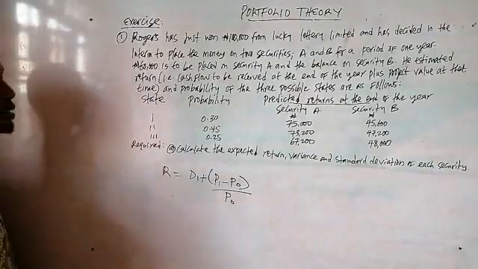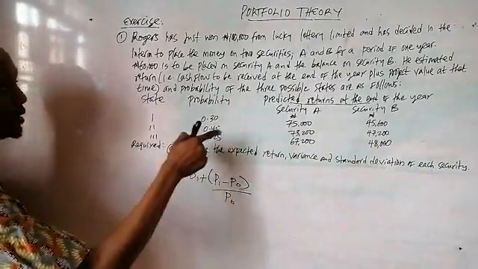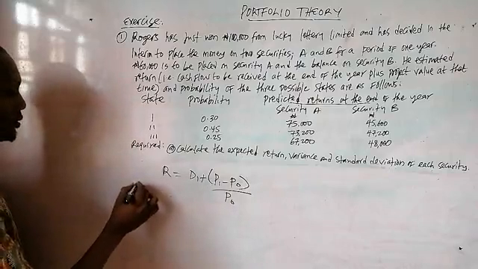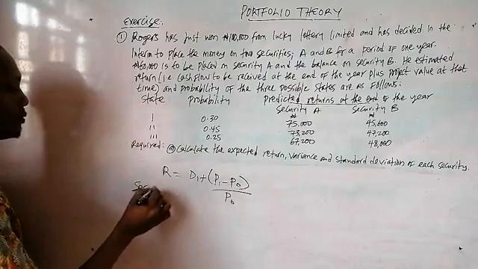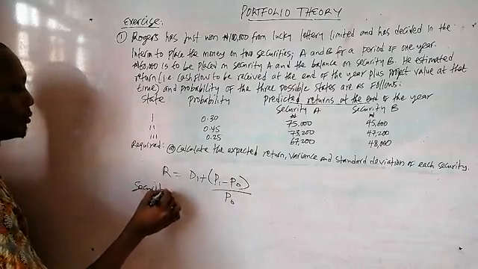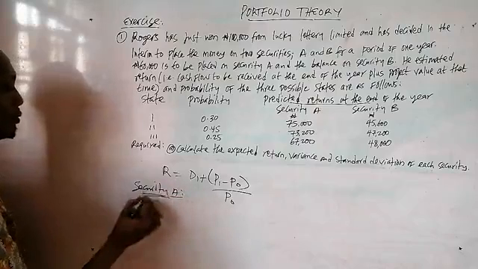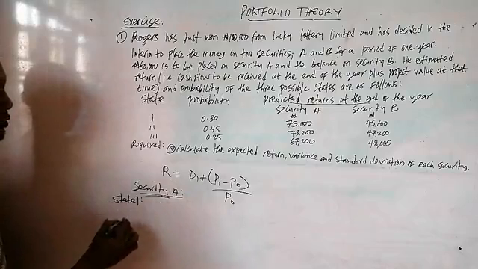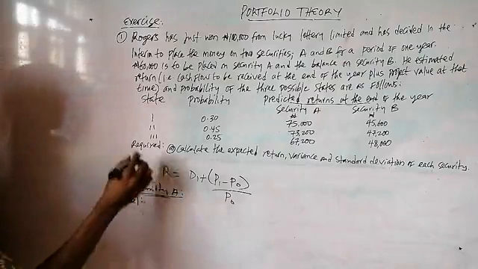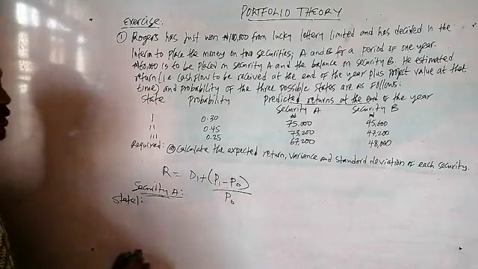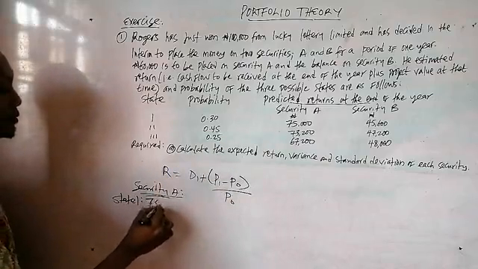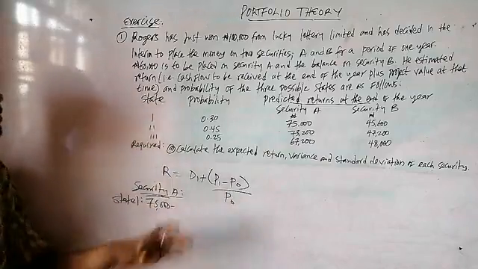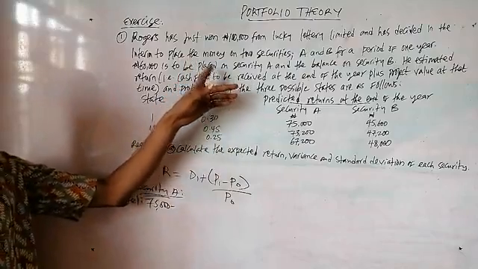So for security A, for stage 1, P1, what is P1 there? That is 75,000, minus P0. So what is the purchase price? I will give you the purchase price there.